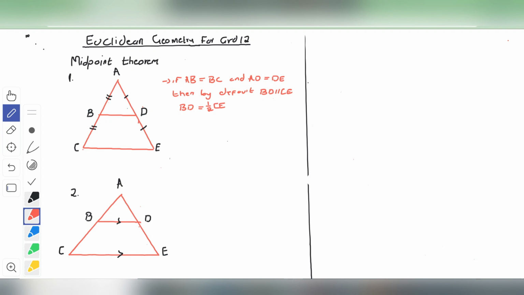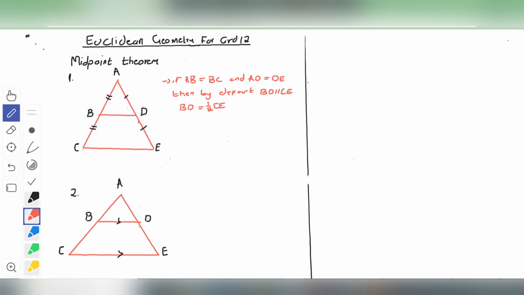Okay, I'll explain it again. Okay guys, from the first diagram you can see that AB is equal to BC, it's given, right? And also AD is equal to DE, and they are also given, right? Therefore, if you have a scenario like this, then by default you are allowed to say that BD is parallel to CE, right?